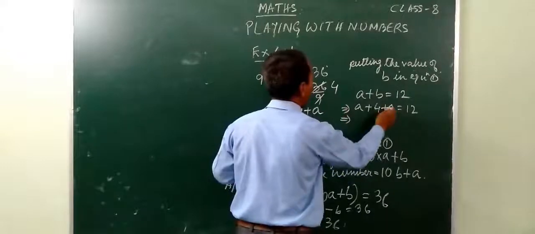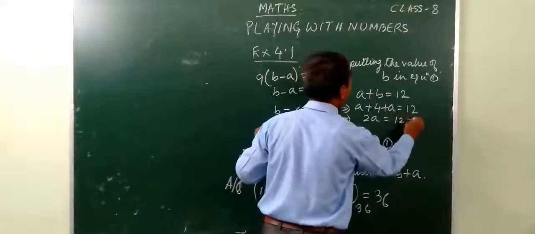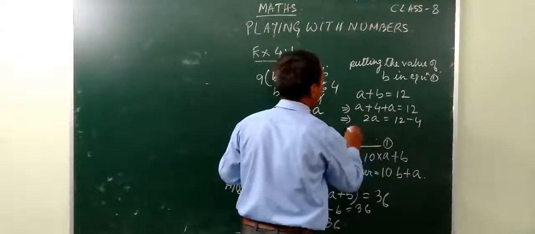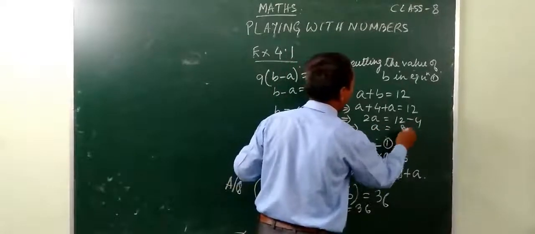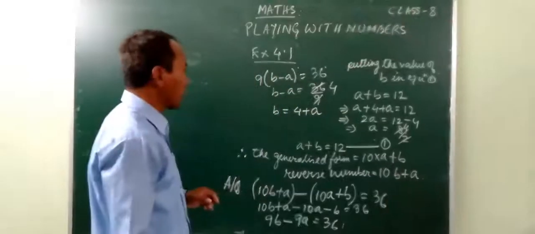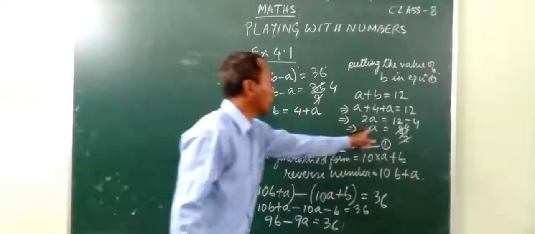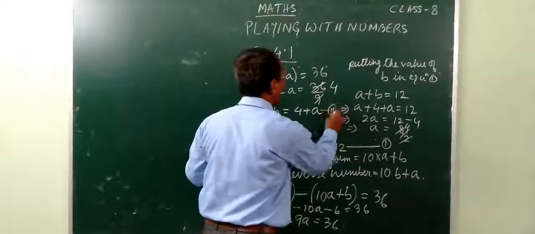A plus a is 2a. So 12 minus 4 is 8. 8 divided by 2, so a is 4. You got a as 4. Now put this value of a in equation 2. You keep this one as equation 2.